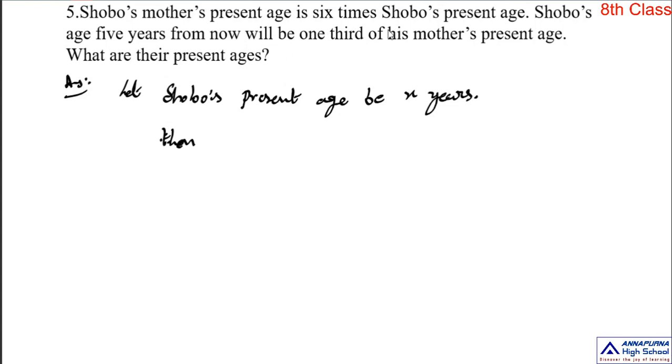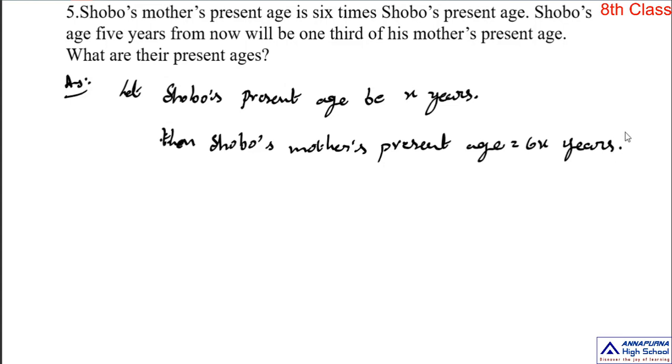It is 6 times Shobha's present age. Shobha's present age is x years. So it's 6 times, that means 6x. Then Shobha's mother's present age is equal to 6x years.